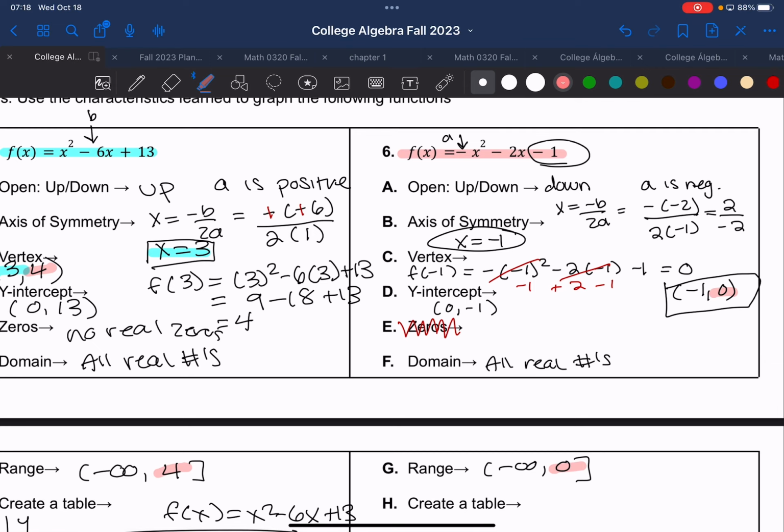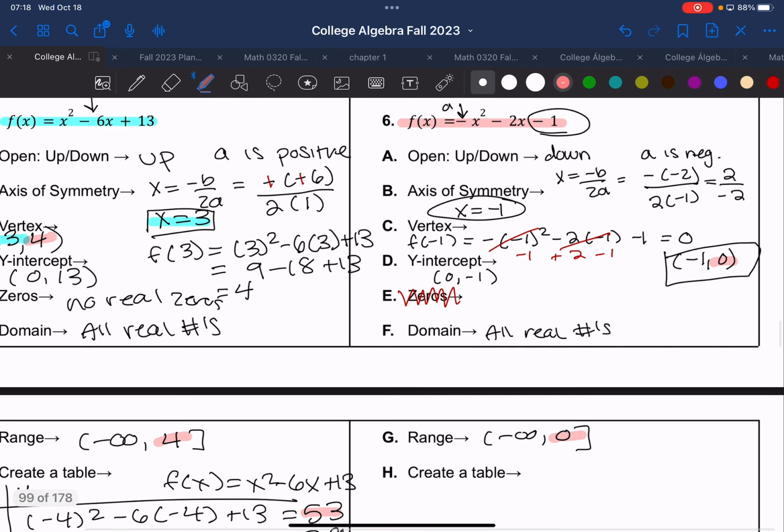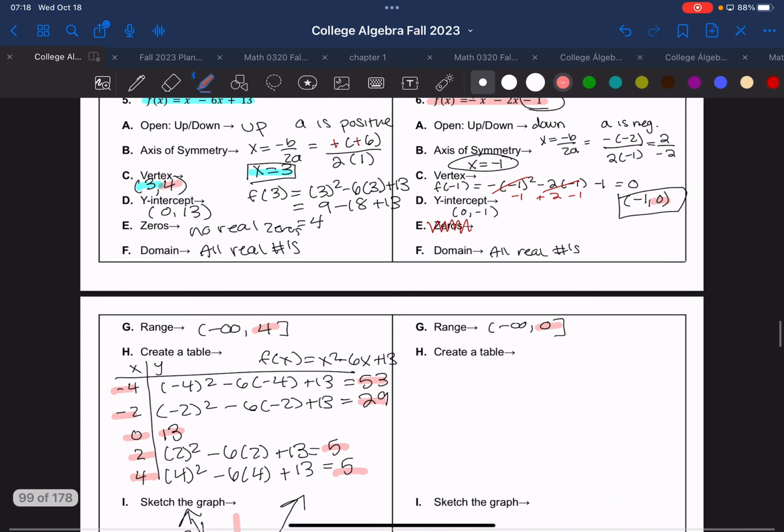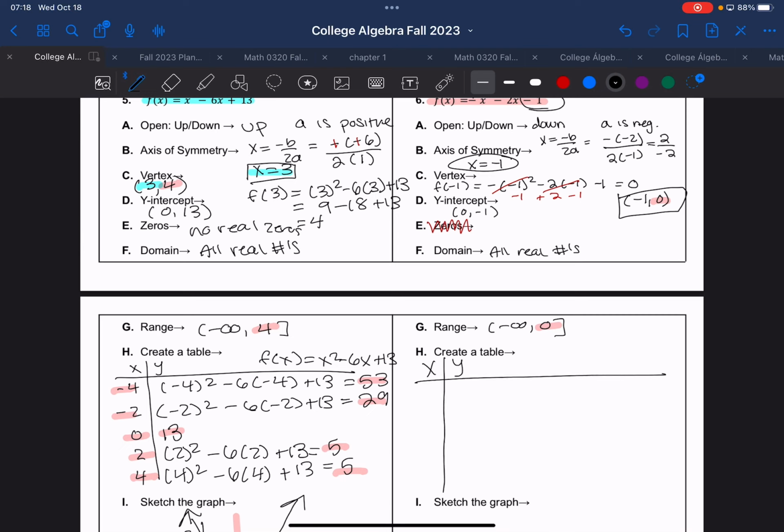Now we're going to create a table. And remember, I just used those same numbers over again. So negative 4, negative 2, 0, 2, and 4. Just because I want some negatives and some positives. So I'm going to rewrite the equation here so we have it.